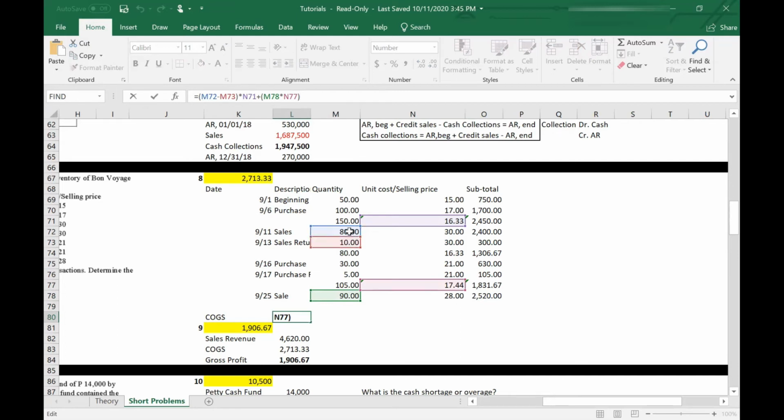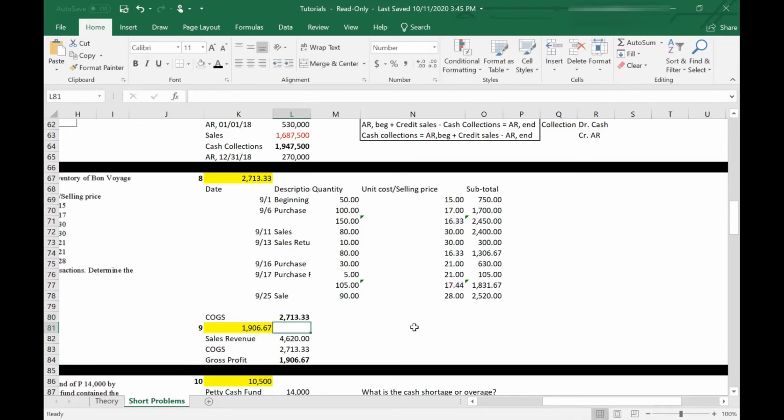So 80 units minus 10 units, that's 70 units, multiplied by the moving average unit cost immediately prior to the sale, which was 16 pesos and 33 centavos. Plus, there was again a sale of 90 units. You multiply that by the moving average unit cost immediately before the sale, that's 17 pesos and 44 centavos.